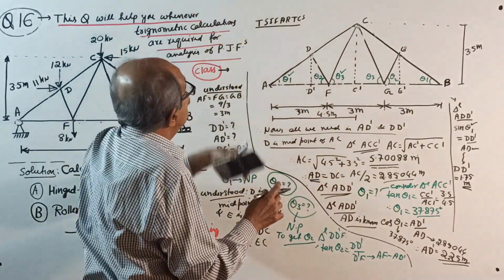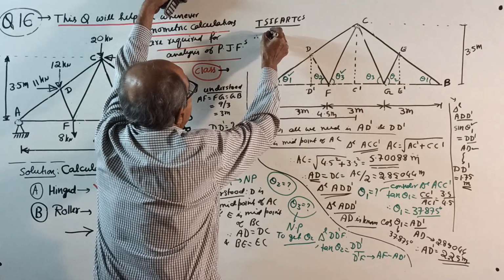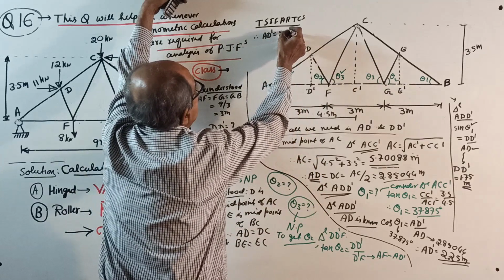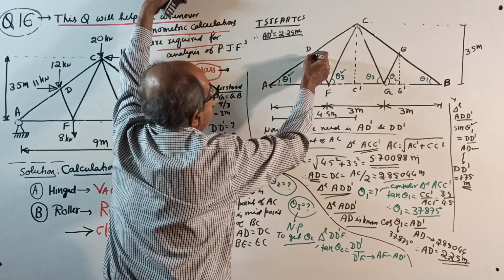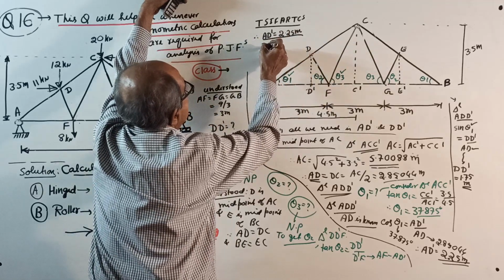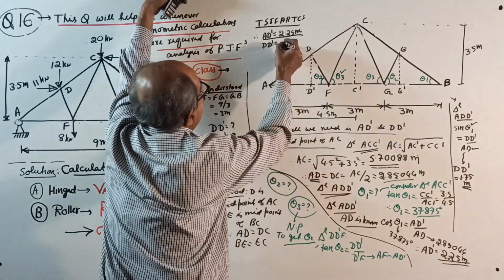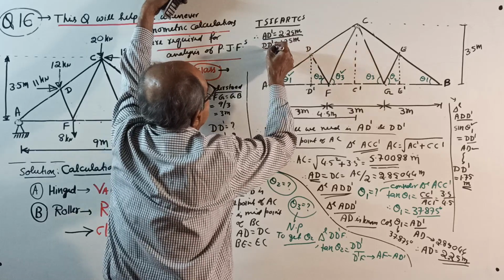Okay, now I will conclude it. So therefore, remember, A to D dash I got 2.25 meter, and D to D dash I got 1.75 meter.